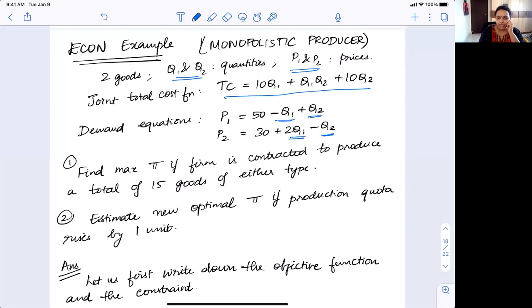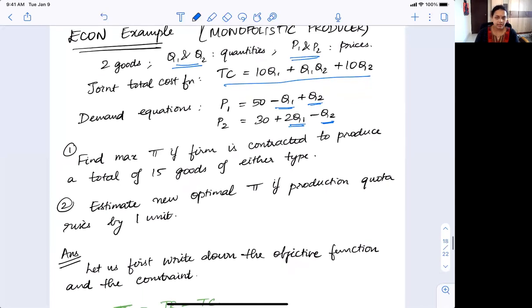And similarly, you see P2 being a function of Q1 as well as Q2. So that's just an interesting thought to see how demand for a commodity is related to the production of another good as well. Think of substitutes and complements, and this is a great way to even think about cross-price elasticity. Anyway, so far so good.